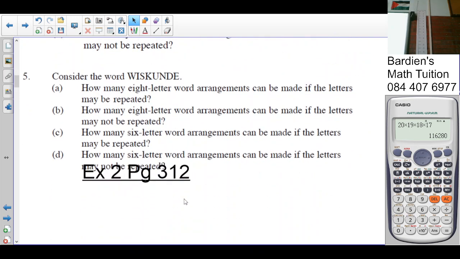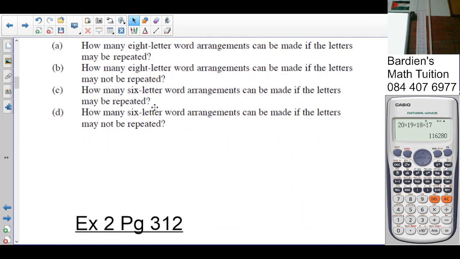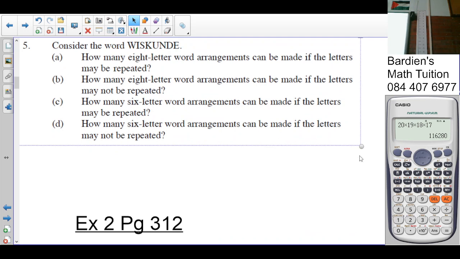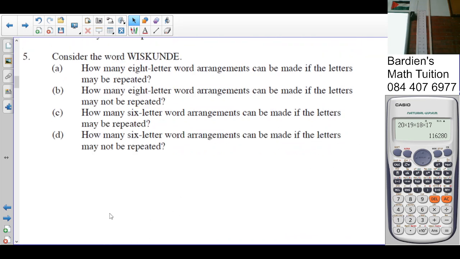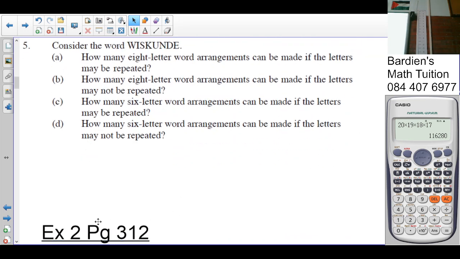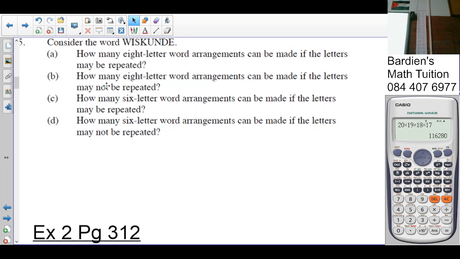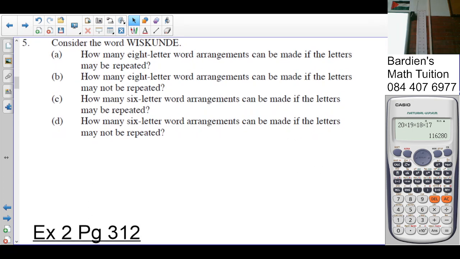Right, so number 5, we're considering the word wiskunde. The Afrikaans word for mathematics. If you count how many letters are there in wiskunde, there are 8 letters. So for 8, we'll have 8 bits.